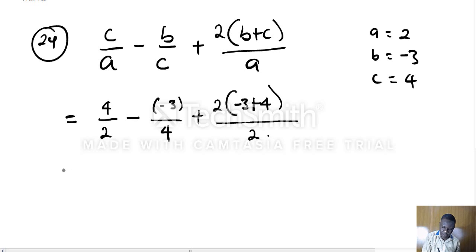So when you simplify, this is equal to 4 over 2 minus times minus is plus.